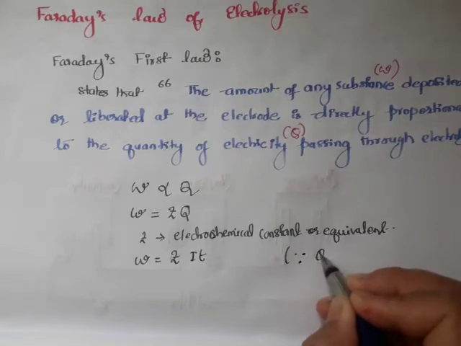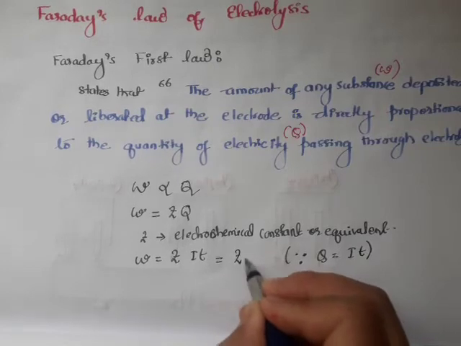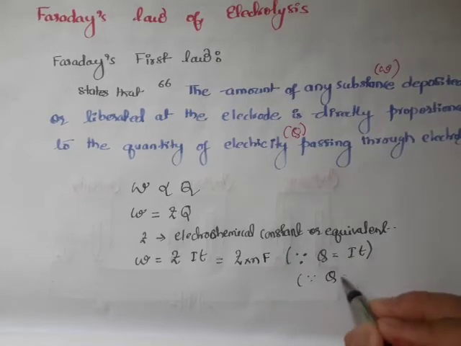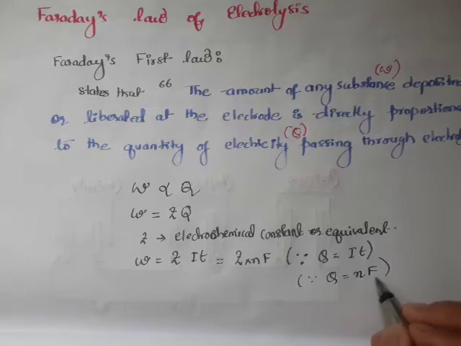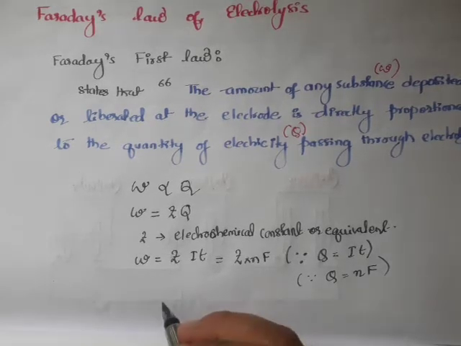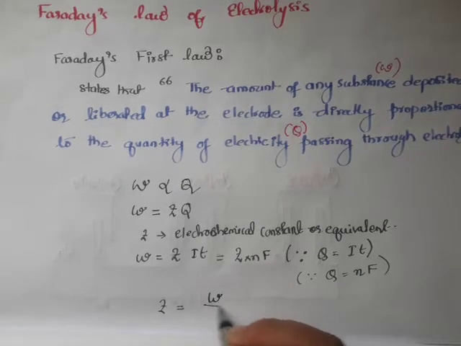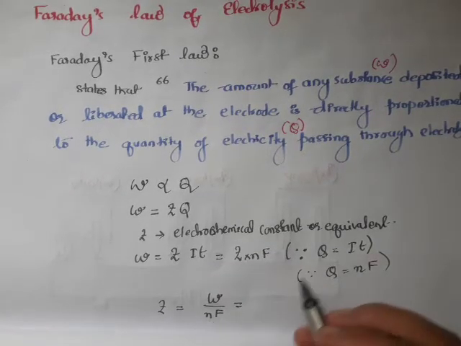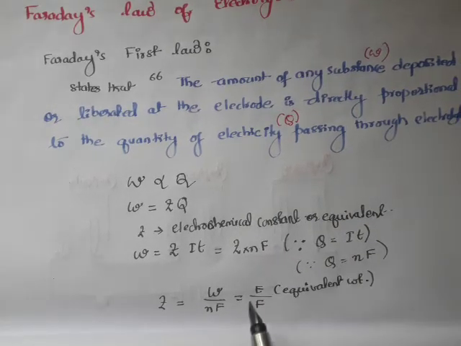Because we know that Q is equal to It, or we can write this as W = Z into nF, since Q is equal to nF, where n is the number of moles of electrons exchanged and F is the Faraday. Now what is Z? We can write Z as W by nF, and weight by number of moles is the equivalent weight, so Z equals E by F, where E is the equivalent weight.